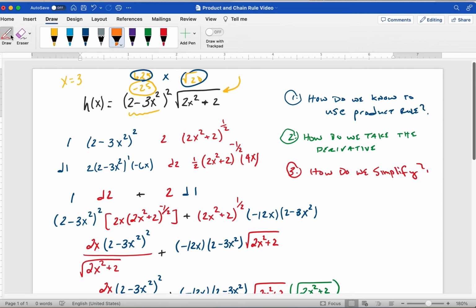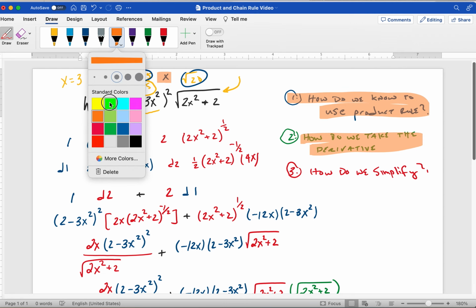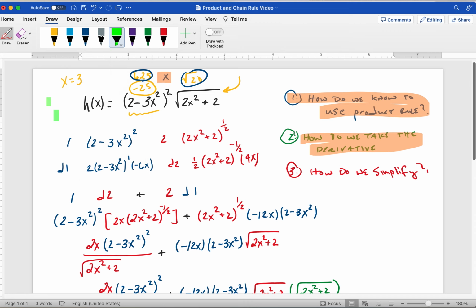So the first question we wanted to address was, how do we know to use the product rule? We know to use the product rule because our governing operation is multiplication. The second thing we have to do is go in and actually talk about how do we find the derivative. So we said we're going to use the product rule. How do we do that? The product rule, and there's lots of different ways to talk about the product rule, but one of the things that I like to do is use the little phrase 1d2 plus 2d1, okay?